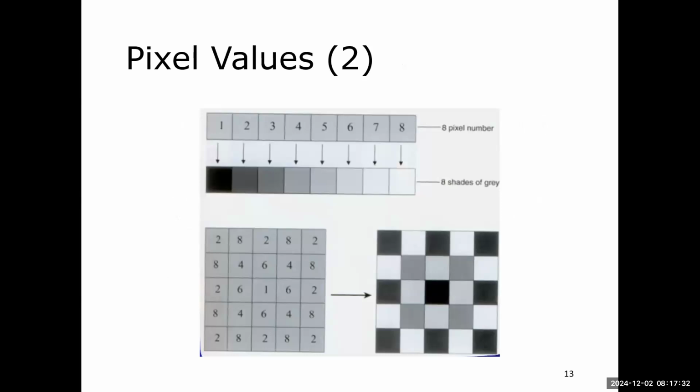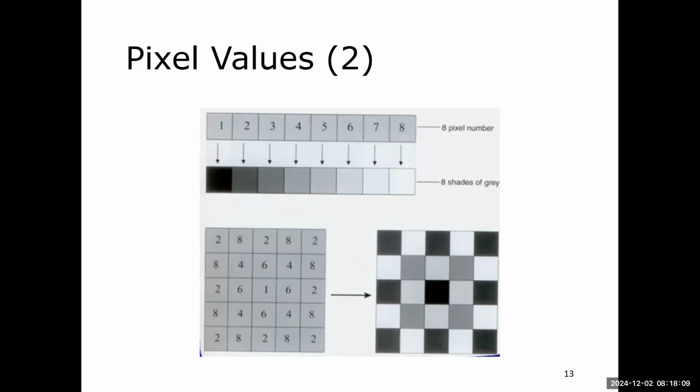So this is just a visual of that. You don't really have to understand this right now, but if we had a very, very low bit depth, then there would say be 8 different pixel values, 1 through 8, and every single one of those would represent a different shade of gray. If you had this type of bit depth, you can see that the computer is going to see the image as the image on the left, correct? Because the computer is seeing numbers.